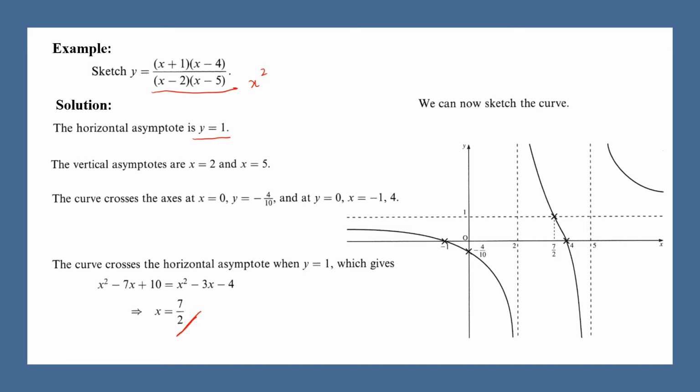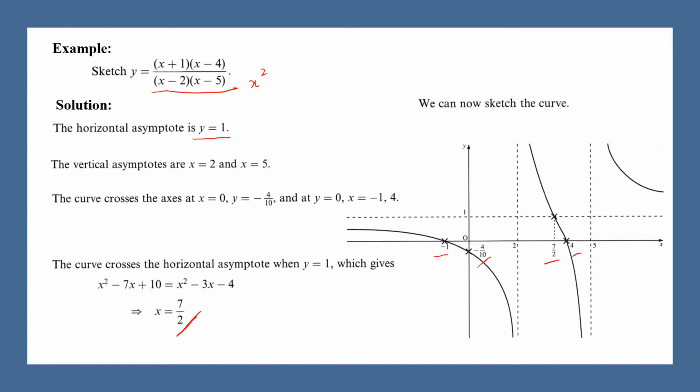So as you can notice here, the intercept with the y-axis is at minus 4 by 10. With the x-axis, it is at negative 1 and 4. The curve crosses the horizontal asymptote at 7 by 2.